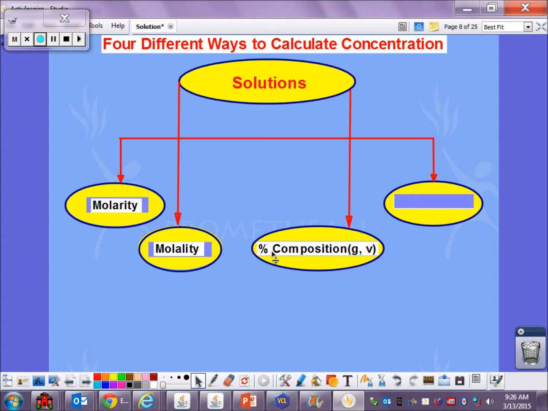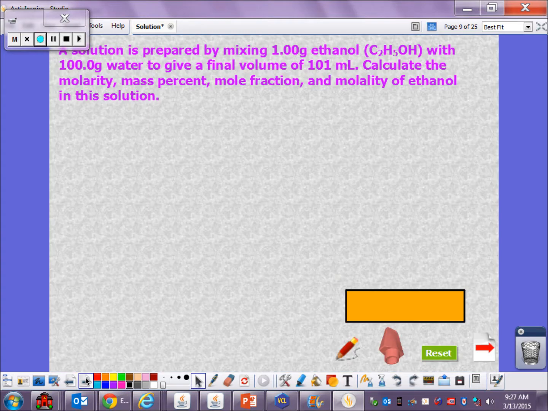Part per billion, ppb, is part over whole times 10 to the 9. We also learned mole fraction, which is moles of one component over the total moles. You do not multiply by anything. Last year we said the mole fraction will always be between 0 and 1, and it is unitless.